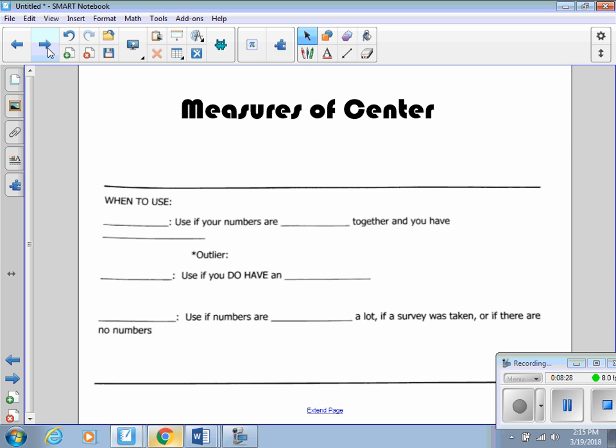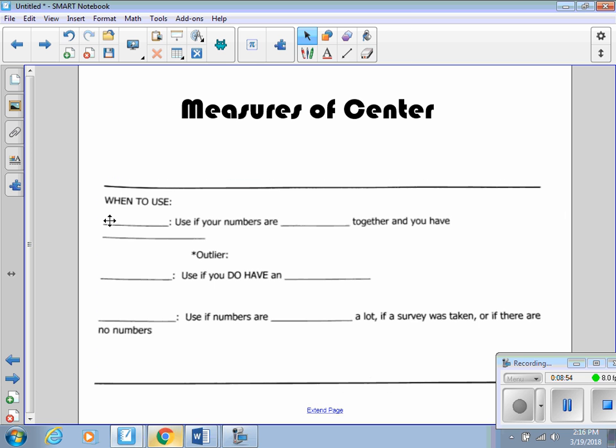Alright, when do you use other measures of center? How do you know what they are? What does that mean? So, you'll have a question and it'll say, what is the best measure of center? What do you use, the mean, the median, or the mode, in order to find the best middle ground representation of this set of data?